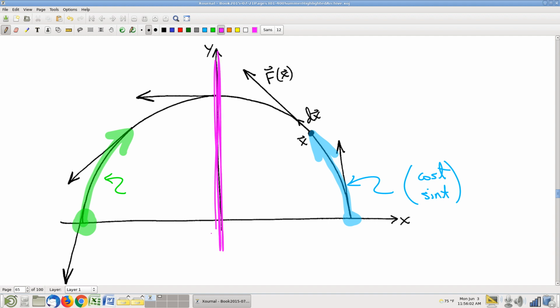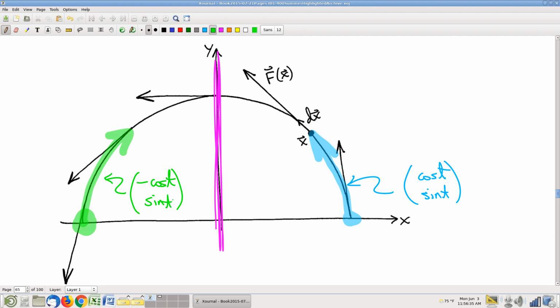So that means that I can write down the formula for this green curve by just saying, okay, well, what do I do to these points? I've got these points (cosine t, sine t). What happens when I reflect over the y-axis? Well, the y-coordinates stay the same, right? And the x-coordinates, I stick on a minus sign. So, (negative cosine t, sine t). Everybody happy with that? So that'd be one way to do it.